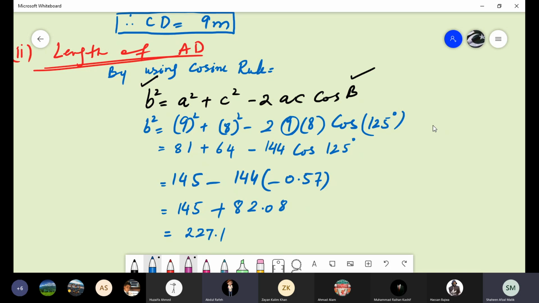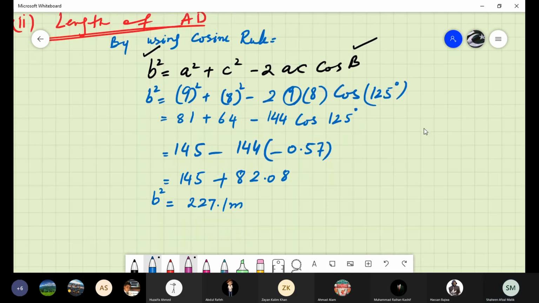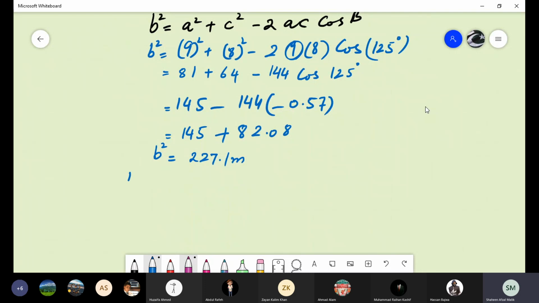And what is the unit of the side? Meter. This is B square. We have to find B by taking the square root. Take the square root of 227.1 and tell me the answer.